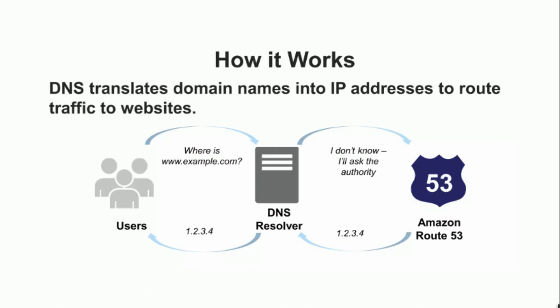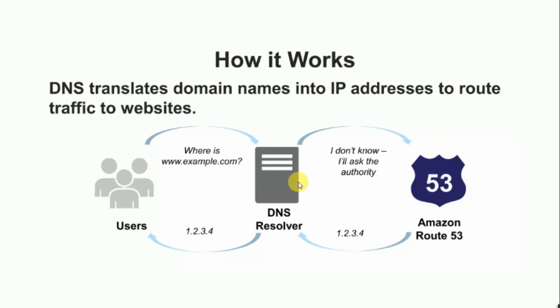It navigates to some DNS resolver, for example if you have an ISP called XYZ, such as Vodafone, Airtel, Idea, whatever, or GTPL or anyone. So it tries to get the resolution from the local DNS resolver, then it tries to identify the authority of the particular domain. In this example we have Amazon Route 53.